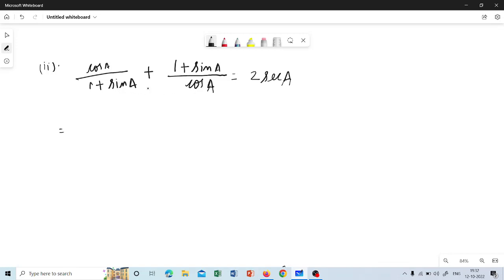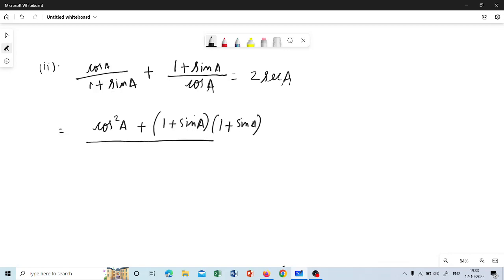With the first term I have to multiply cos A, and with the second one I have to multiply 1 plus sin A. So if I multiply, cos A into cos A is cos square A, plus, I'll put a bracket here, 1 plus sin A into 1 plus sin A, by 1 plus sin A into cos A.